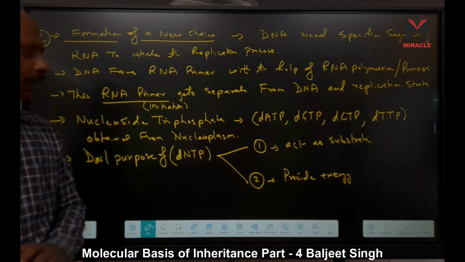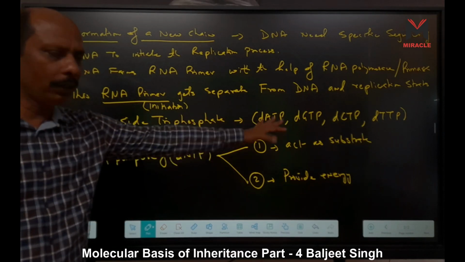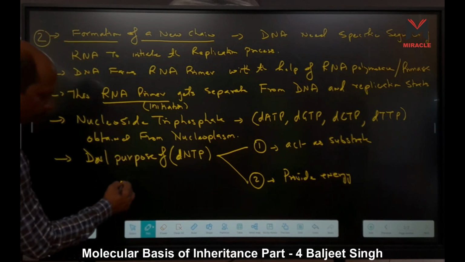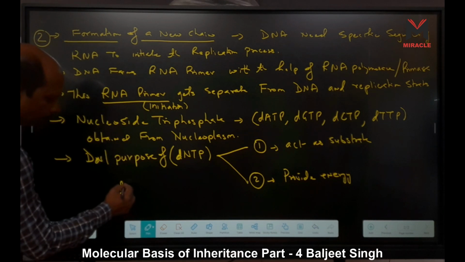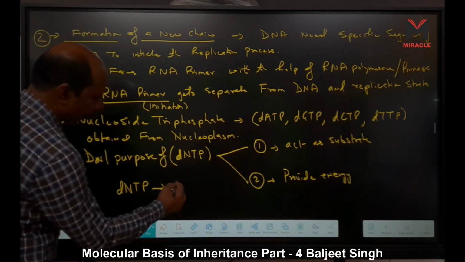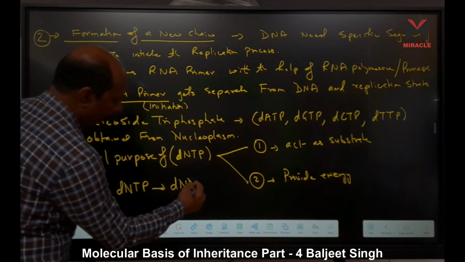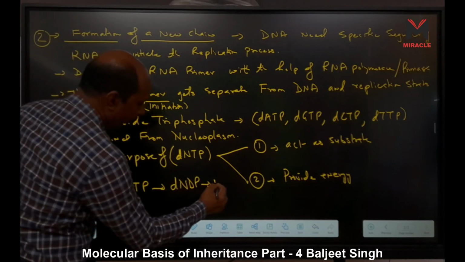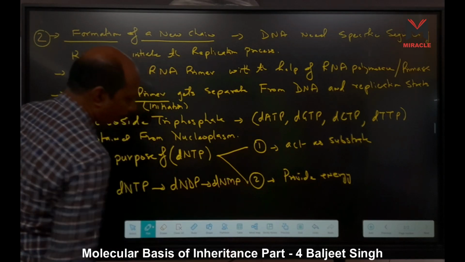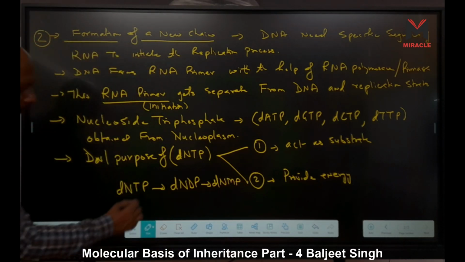It becomes dNMP, like dATP to dAMP. We can say here deoxynucleoside triphosphate now converts into deoxynucleoside diphosphate. Now it converts into deoxynucleoside monophosphate. Right? Here what happens?